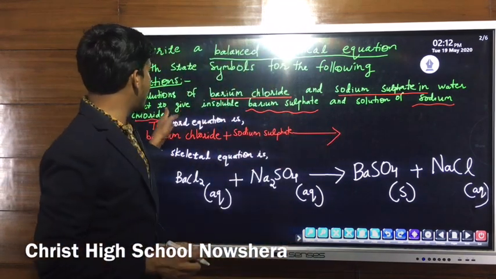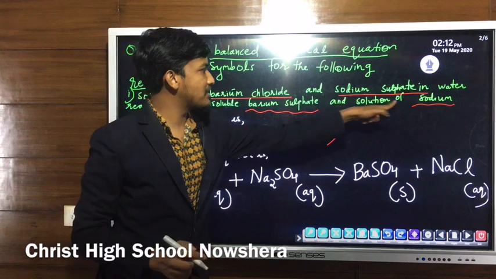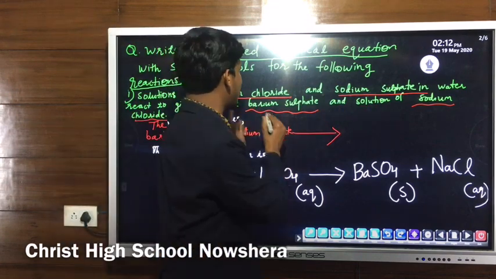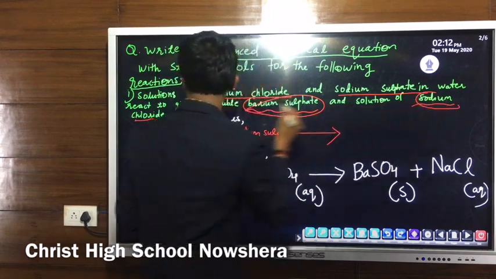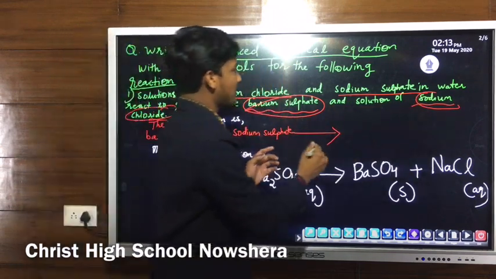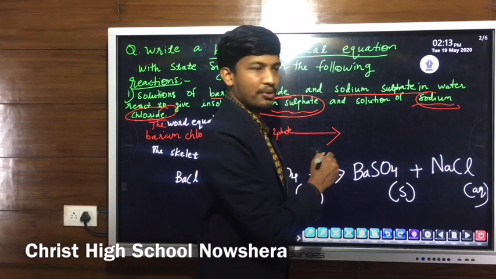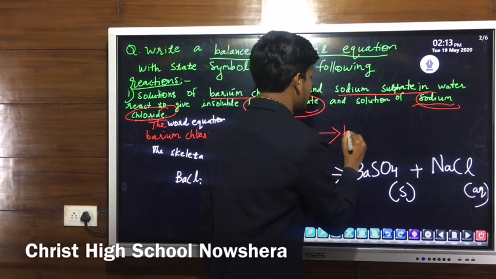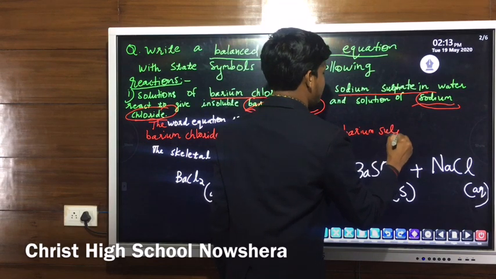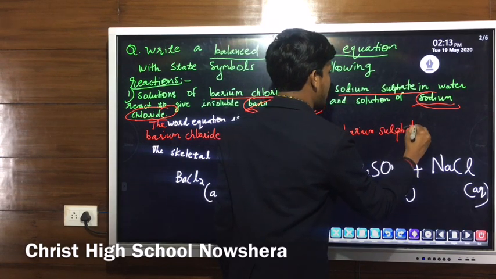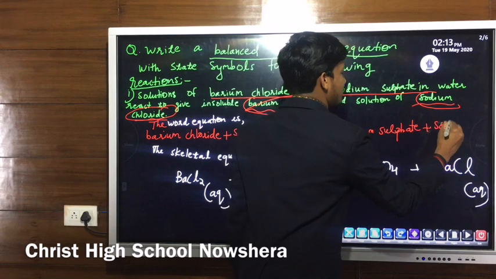Two products: first barium sulfate, plus sodium chloride.